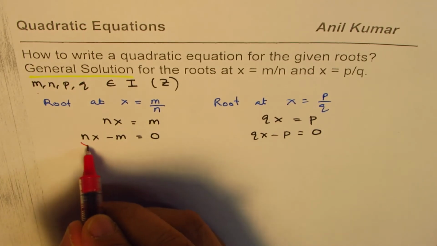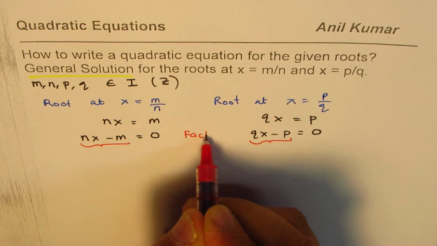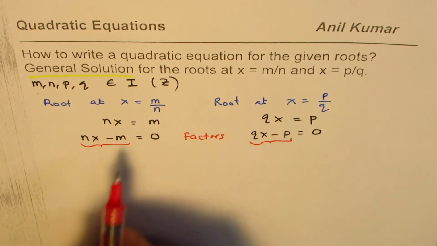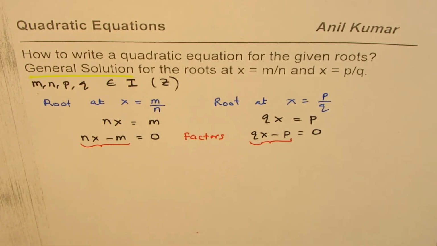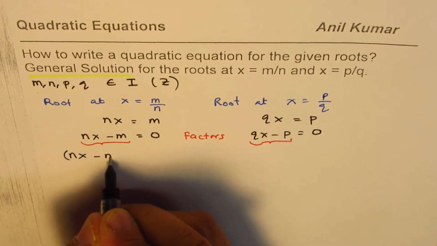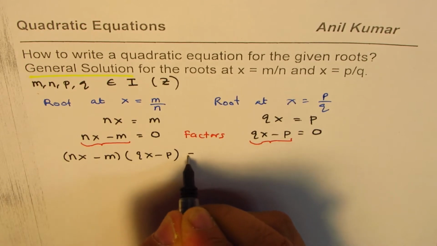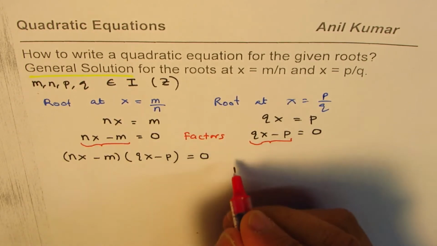So these two are your factors, these are linear factors, which when multiplied will give you a quadratic equation, right? So what you really get here is a quadratic equation, n x minus m times q x minus p equal to 0. And that is the required quadratic equation, right?